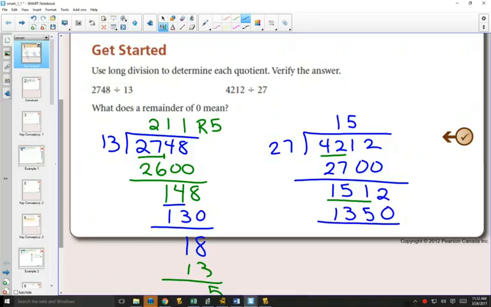When we subtract, 151 minus 135 gives us 16, and we bring down the 2. And now how many 27s are there in 162? It works out perfectly. This one divides perfectly because there's no remainder.